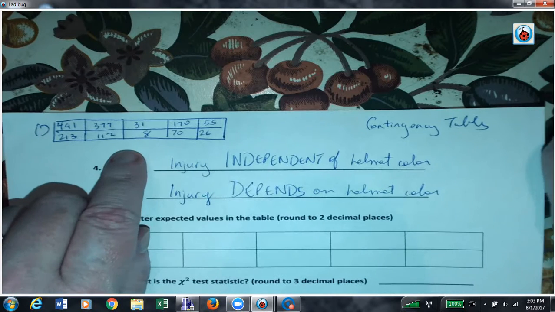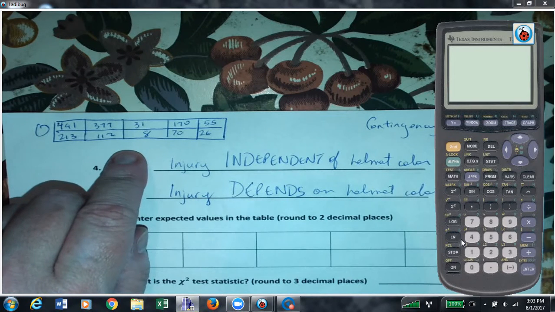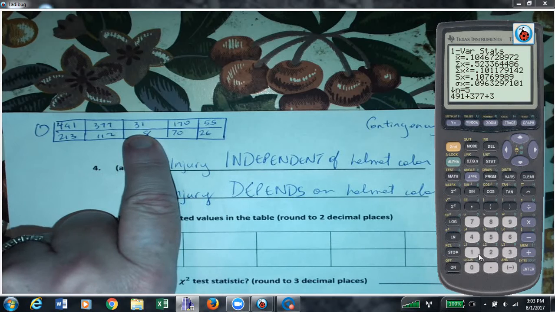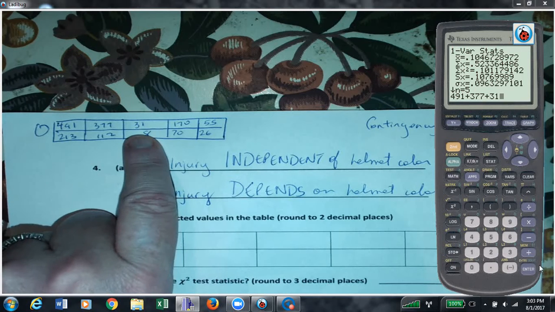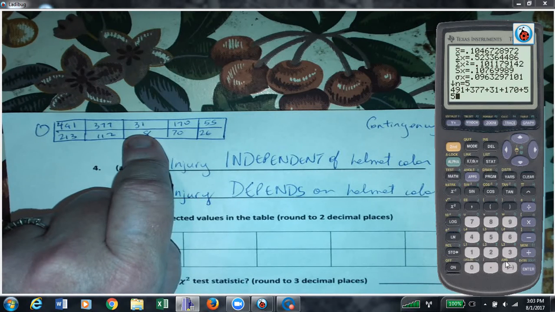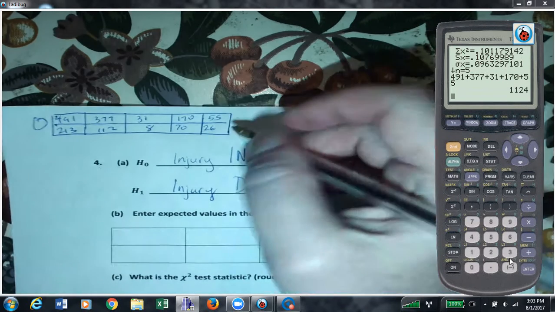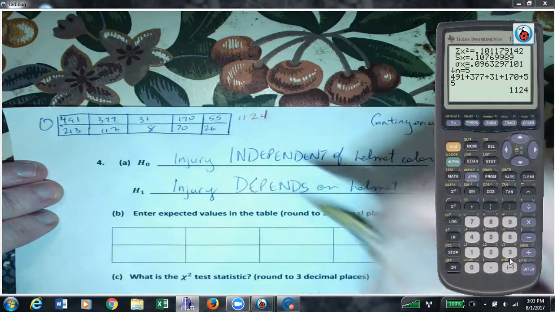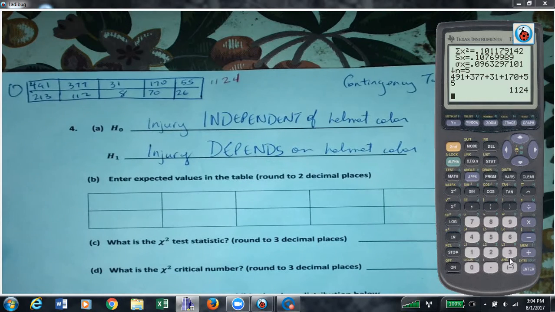So what is our row 1 total here? That's going to be 491 plus 377 plus 31 plus 170 plus 55. So my row 1 total is 1124. So I'm doing that in red. That's my row 1 total.